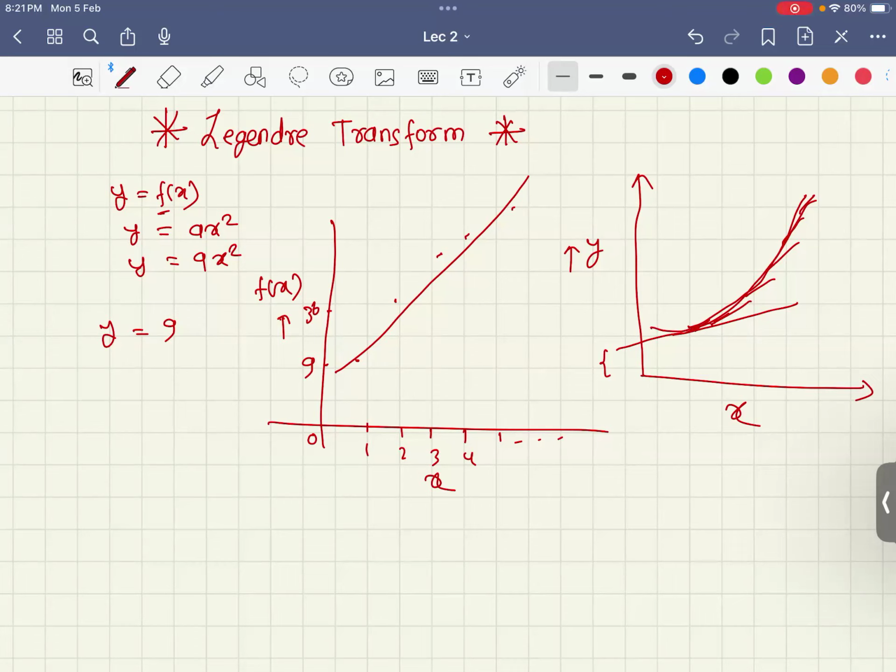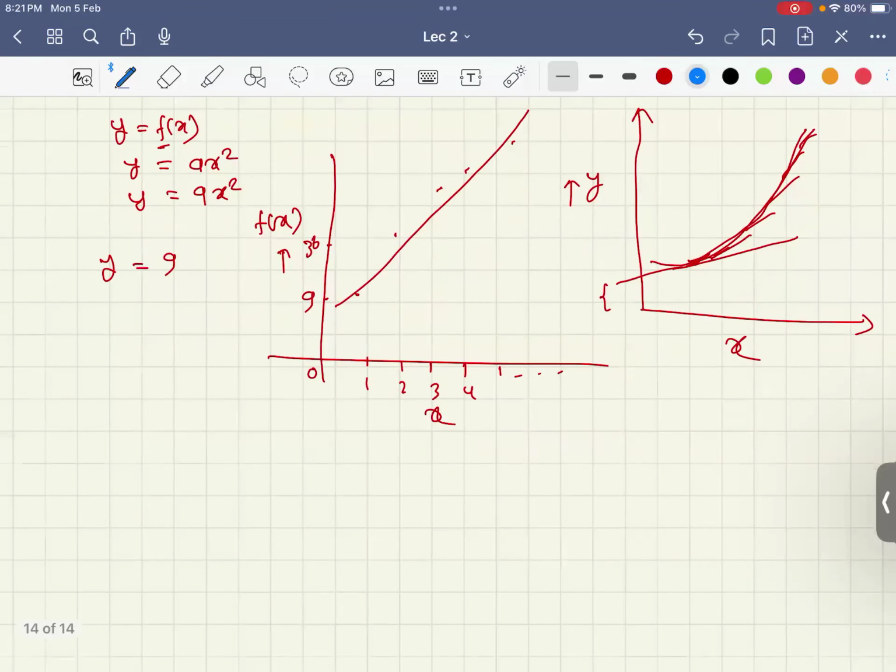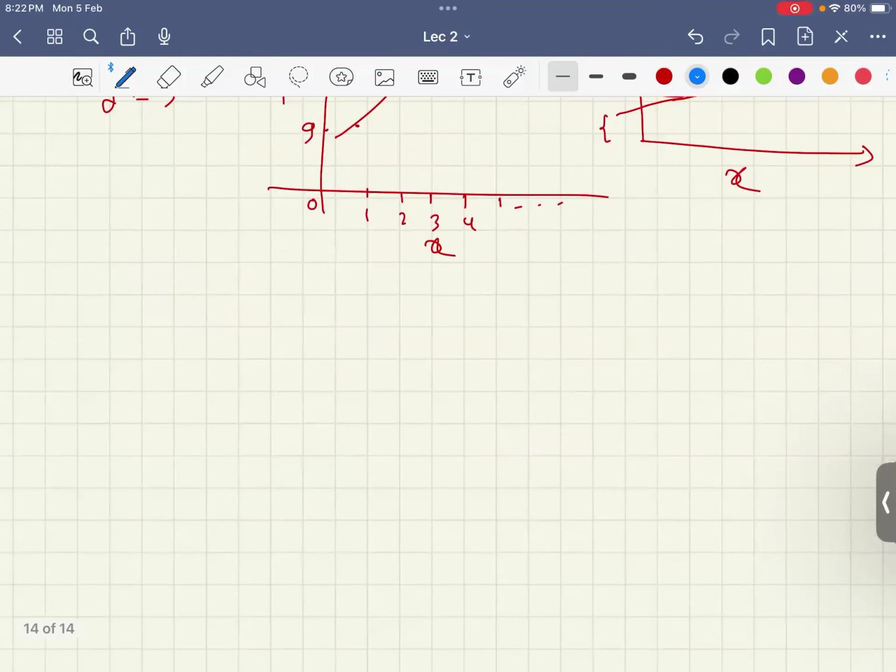So this is what we mean by Legendre transform. Instead of plotting the function in the usual way, we compute its tangent at each and every point. Mathematically, we can express this as follows. Let us assume we have y equals f of x.